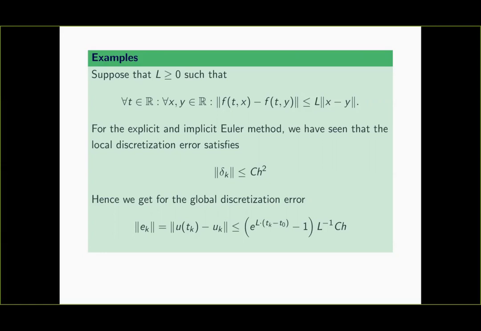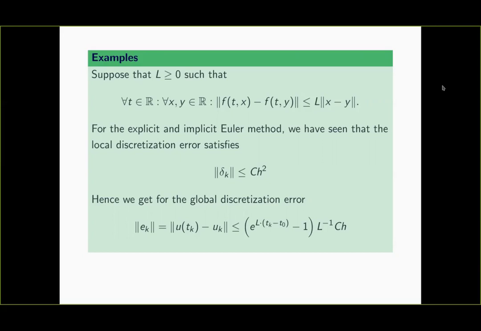For the explicit and the implicit Euler methods, we've seen that the local discretization errors satisfy an upper bound, namely they're bounded from above by some constant c times h to the square. In this case here, h has the second power. So if 2 is equal to our p plus 1, then of course p is equal to 1 in the formalism of the theorem.